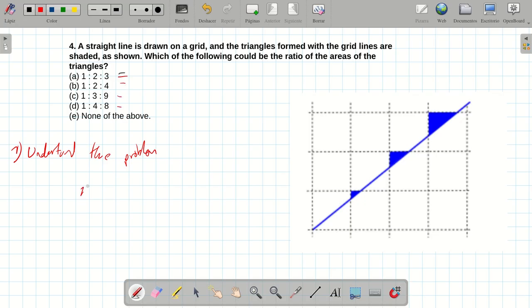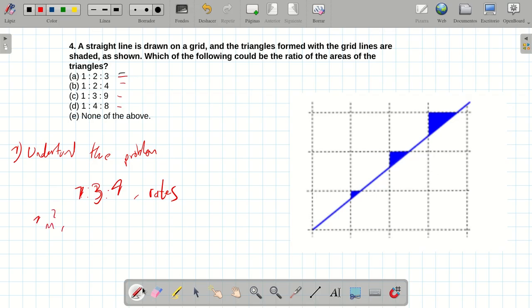So what does this mean? This is called a rate. And to understand this, I will suppose that this one is the area of this little triangle, or that this area is 1 meter squared.